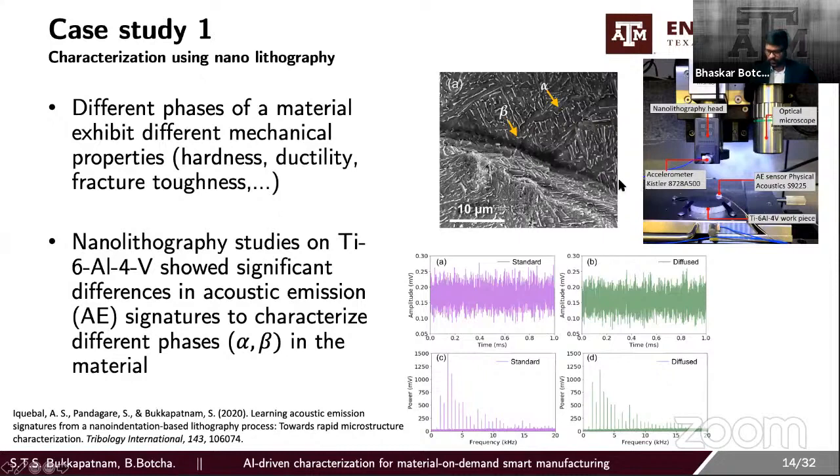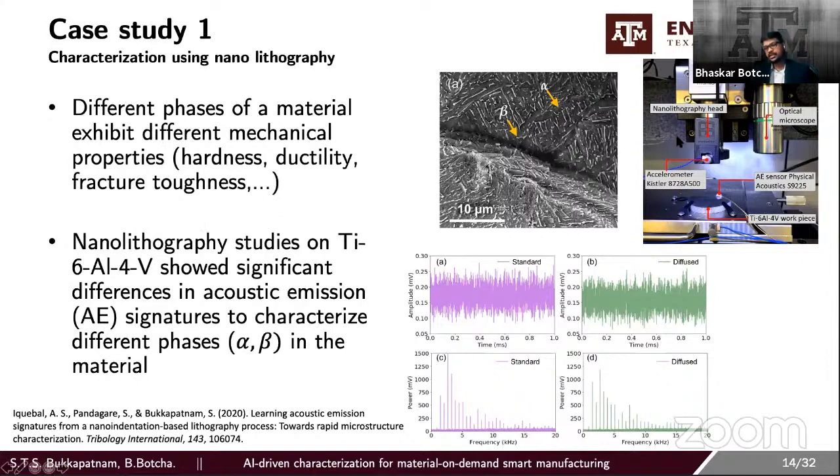But as I mentioned earlier, it takes multiple steps. This particular sample is a Ti64 sample with different phases, alpha and beta. Alpha occupies around 90% of the Ti64 matrix, and beta phase around 10%.